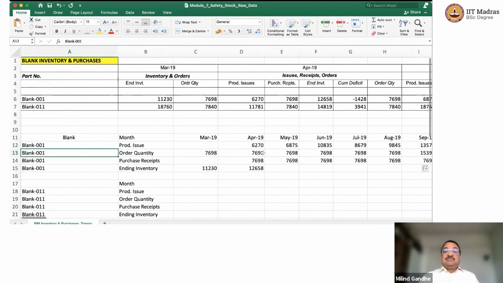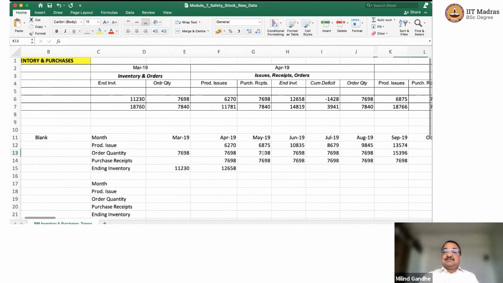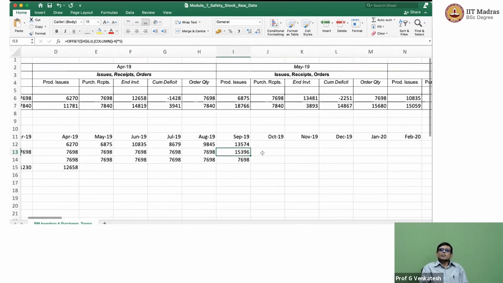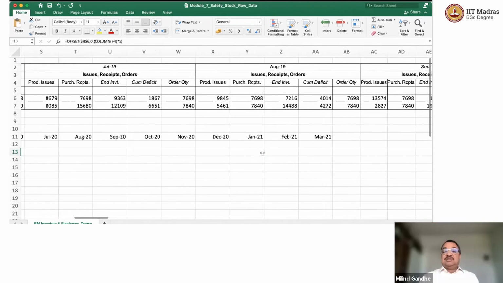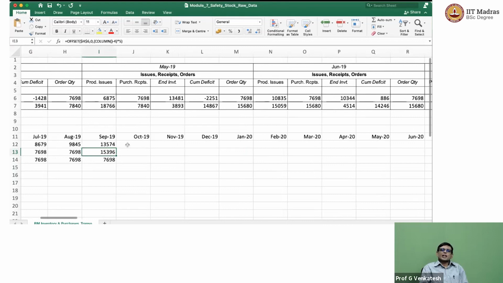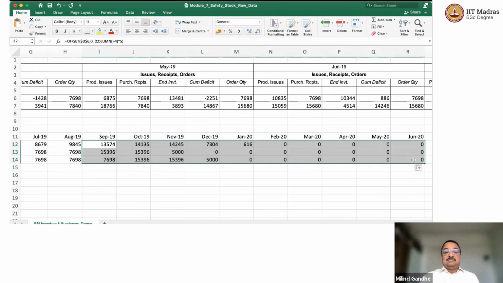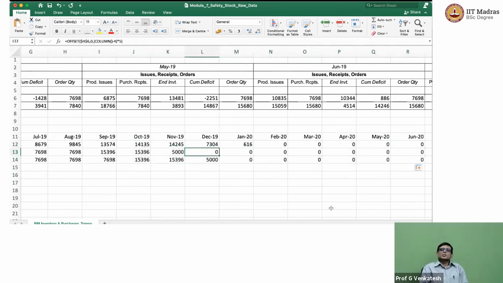September, if you remember, you had commented that order quantity has increased. Then there was a zero month also. Maybe the 0 was for the second one. Yes, there are some zeros.